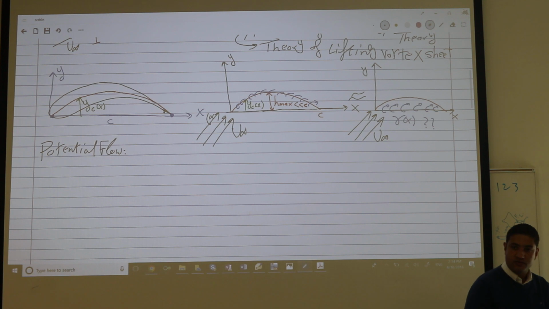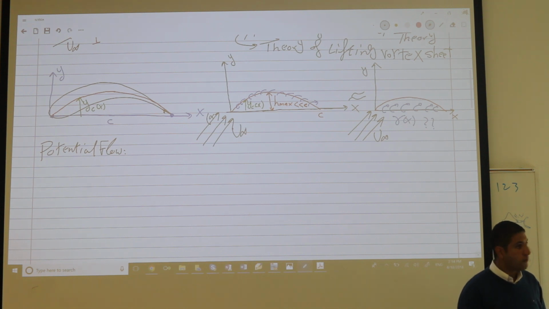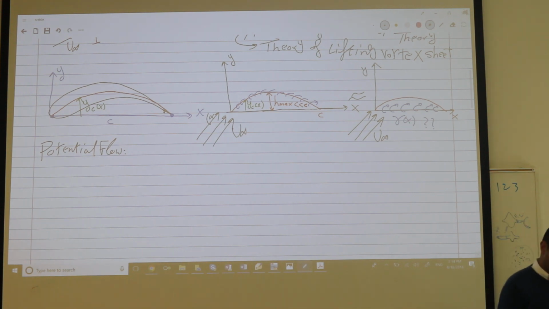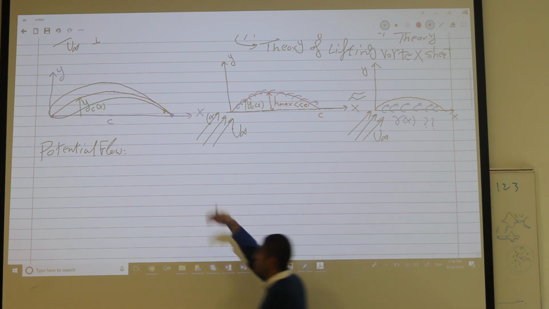What's the governing equation for potential flow? Come on guys, what's the governing equation? No, U is the complex potential of uniform flow. I'm saying potential flow in general.